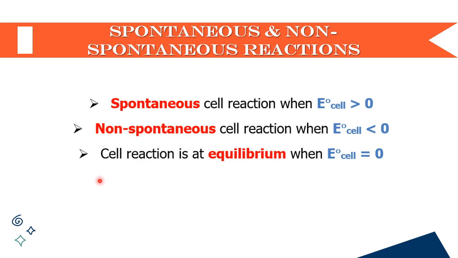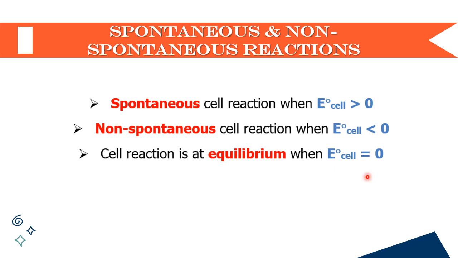And the last one, if the cell reaction is at equilibrium, the value of the E naught cell will equal 0. The reading at the voltmeter will be 0, meaning there is no potential difference. In other words, both of your half cells are the same, copper and copper, with the same concentration. So there will be no difference.